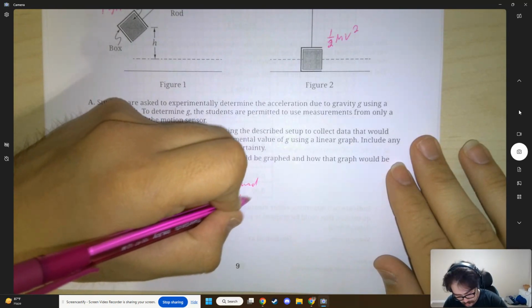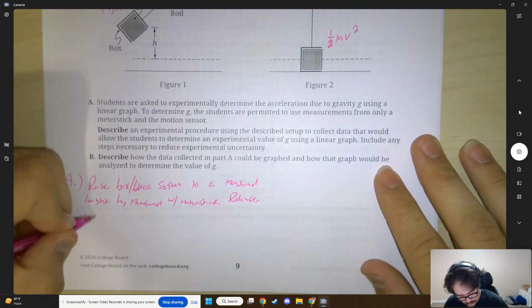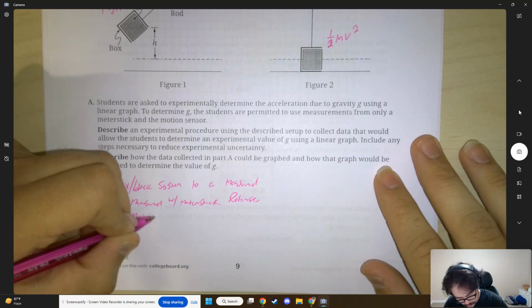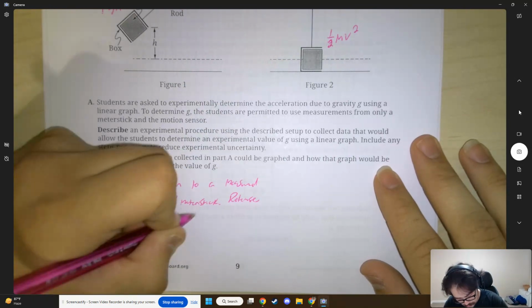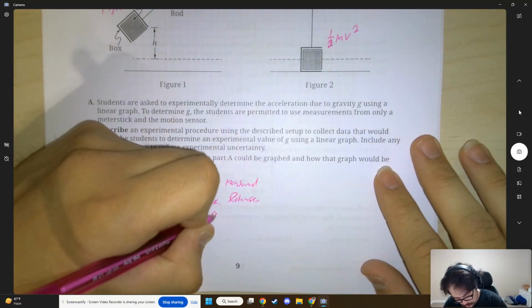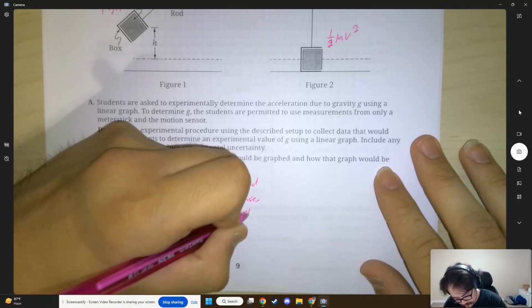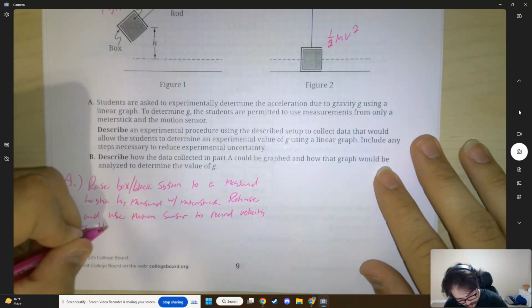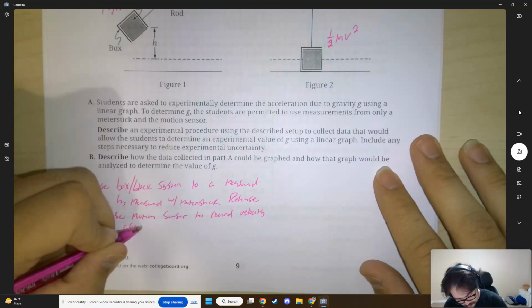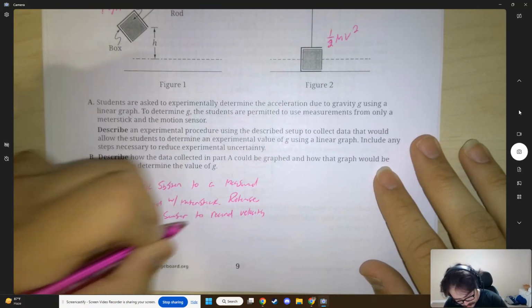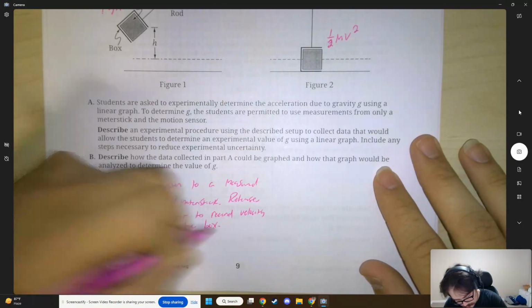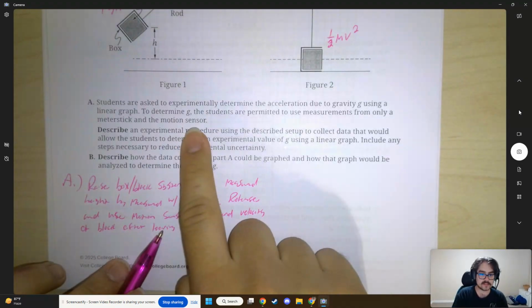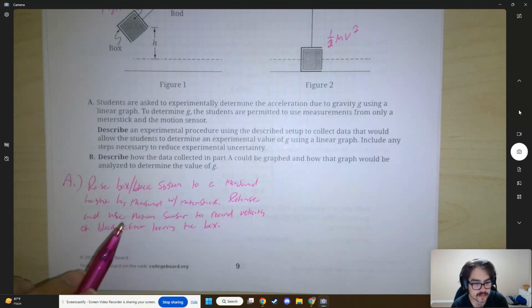Release and use motion sensor to record the velocity of the block after leaving the box. Okay, I stated my 2 pieces of equipment. I said what I'm going to do with them.